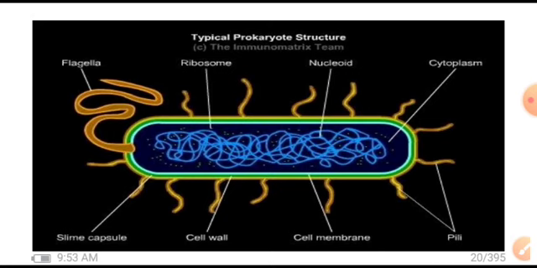So, the typical prokaryote structure. Here there are what we call ribosomes, nucleoids, cytoplasm, pili, cell membrane, cell wall, cilium, capsule, and flagella. So these are the different parts of the prokaryotic cell.